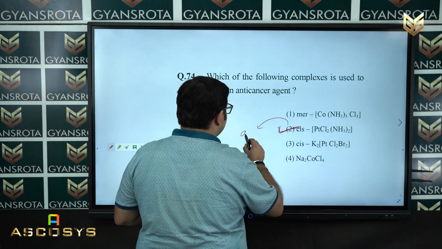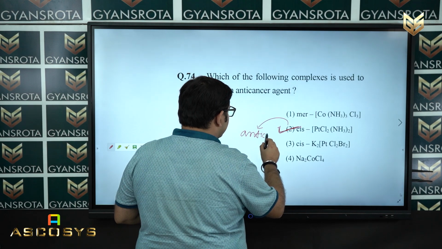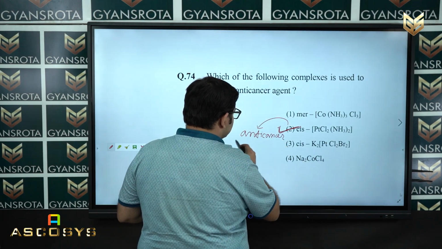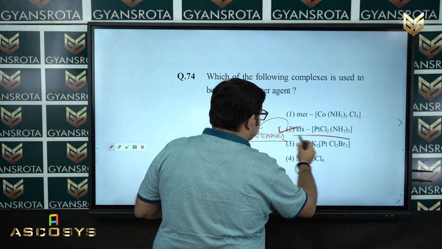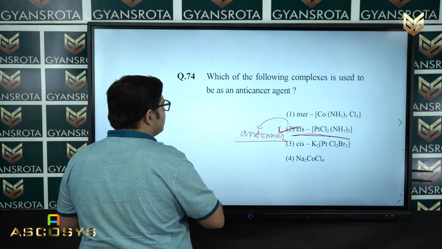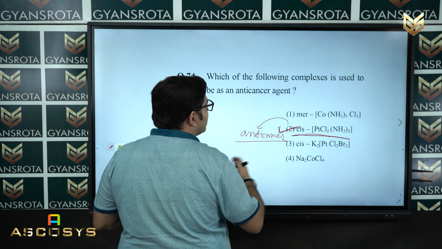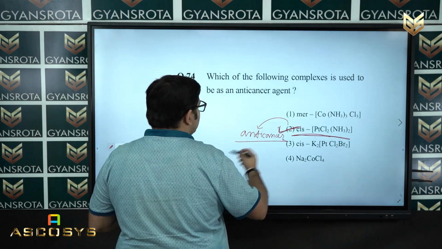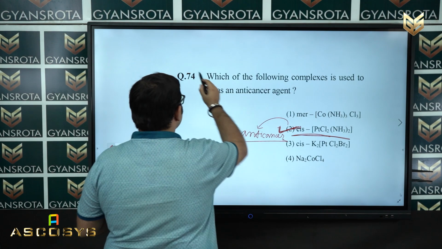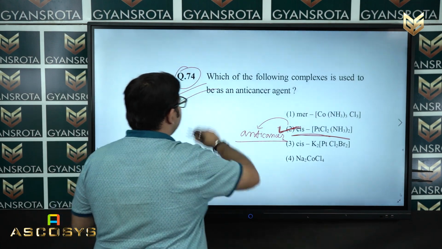It is used as an anti-cancer agent. Nowadays lots of research is going on cisplatin. Instead of cisplatin, they are trying to form different anti-cancer medicines based on coordination complexes. So your option number 2 is the correct answer of question number 74.